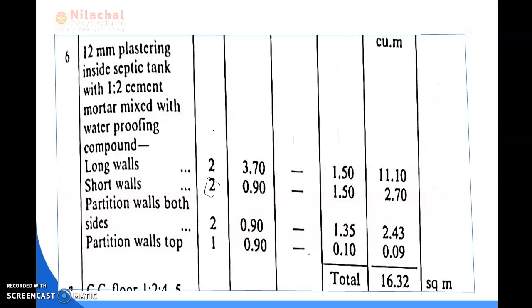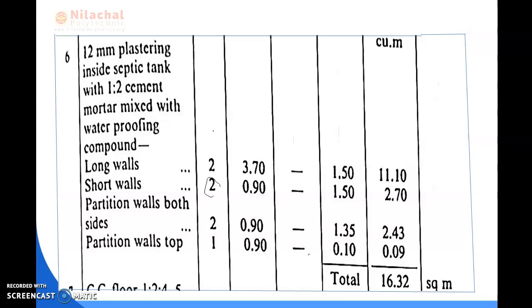Then we go to the partition wall top, 1 number. Same as the partition wall both sides, we also need to calculate the top portion, 1 number. The top area is length into breadth. The RB wall thickness is 10 centimeter, so the length is 0.90 and the breadth is 0.10.